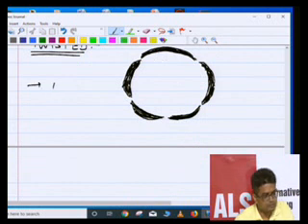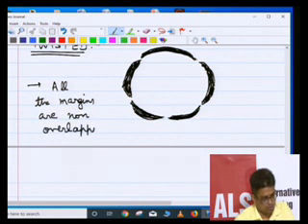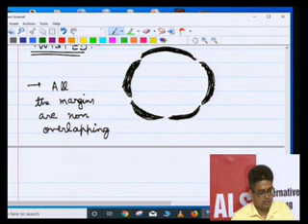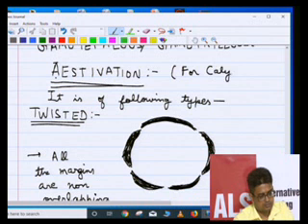All the margins are non-overlapping. Now, aestivation is described with respect to both the corolla and calyx.